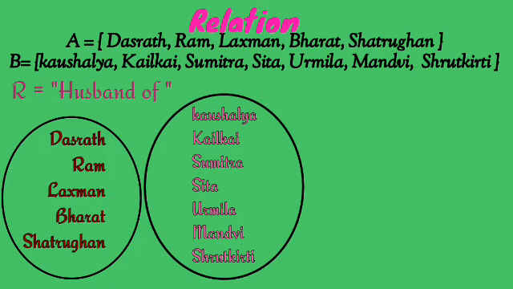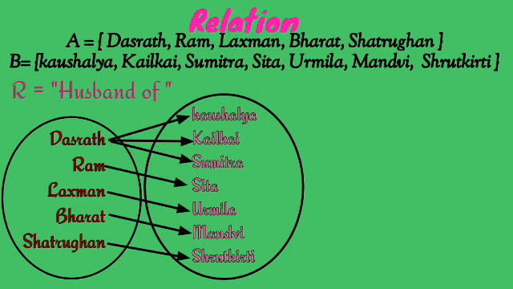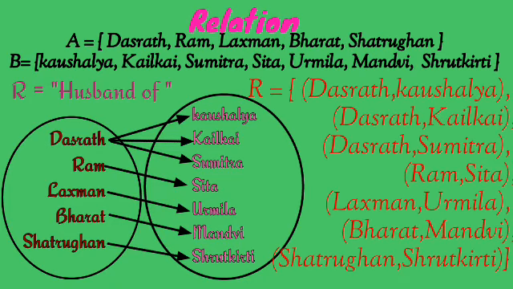Dashrath was the husband of Kaushalya, Kaikeyi and Sumitra. So (Dashrath, Kaushalya), (Dashrath, Kaikeyi), (Dashrath, Sumitra), these three pairs should be there in the relation husband.